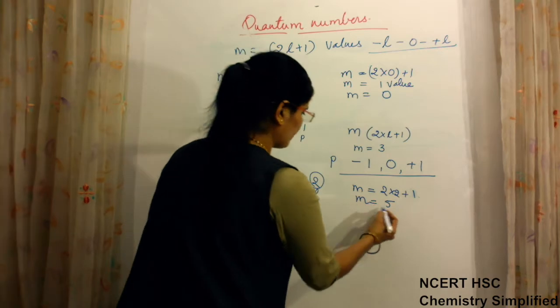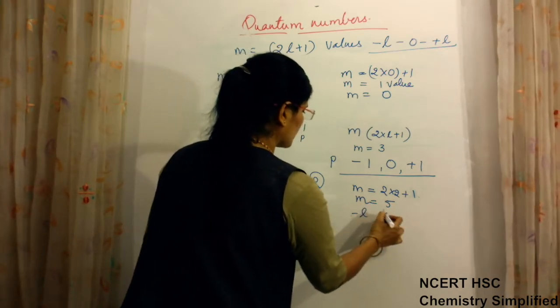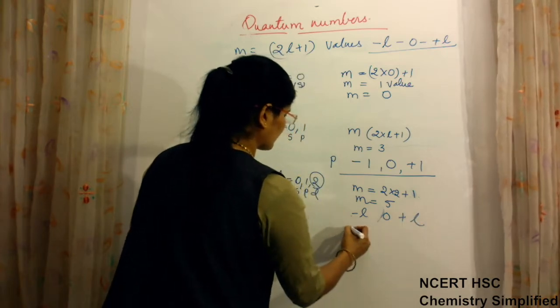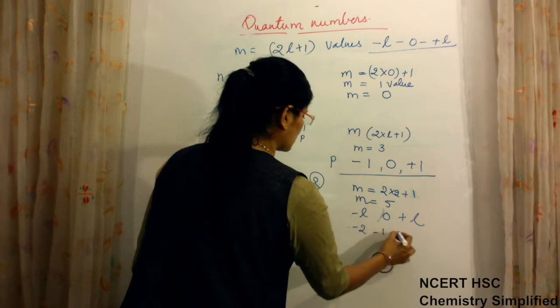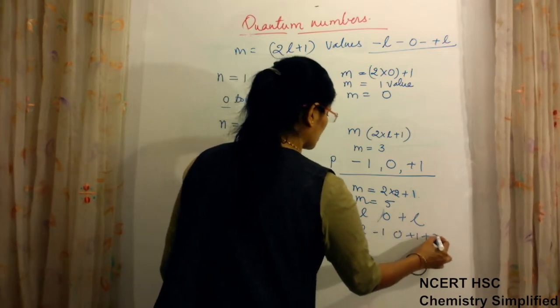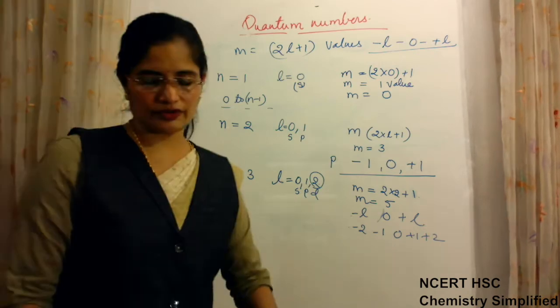What will those 5 values be? Ranging from minus L through 0 to plus L. That means, as the L value is 2, minus 2, minus 1, 0, plus 1, plus 2. Now what is all this that we have written?